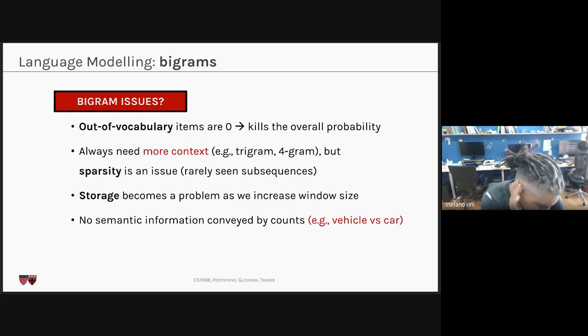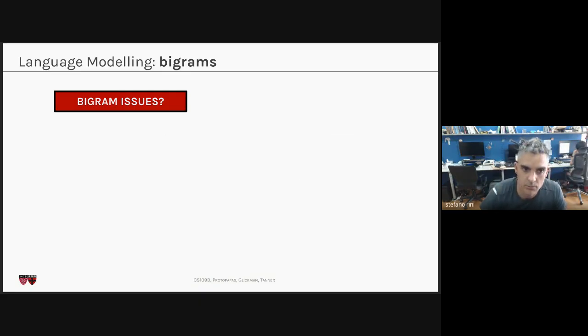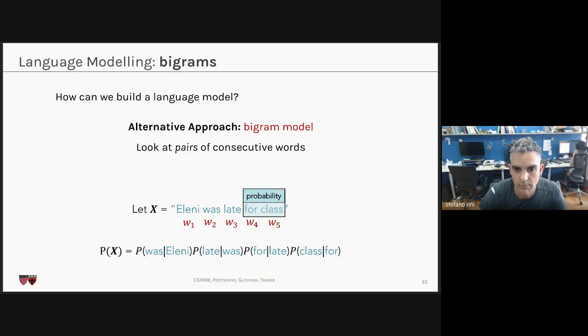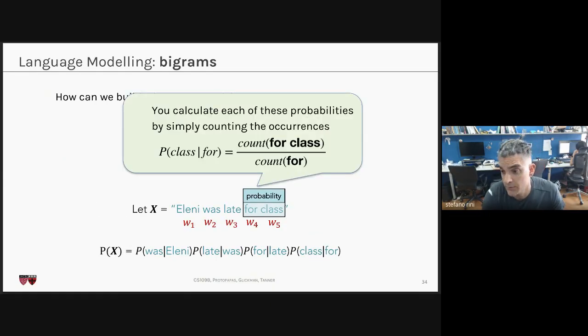One issue that we observe is that there are out-of-vocabulary sequences. We are counting here how many times "for class" appear together. Imagine that there are 2 words that never appear together, where one never follows the other.